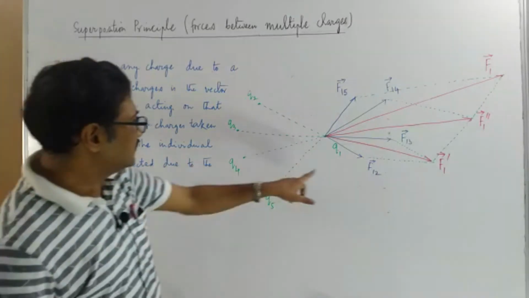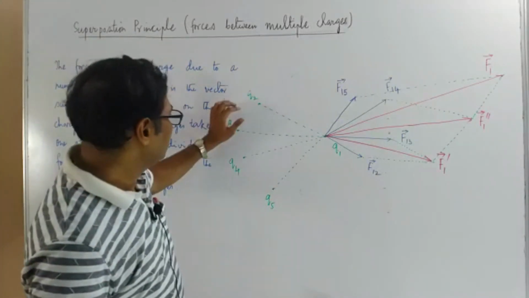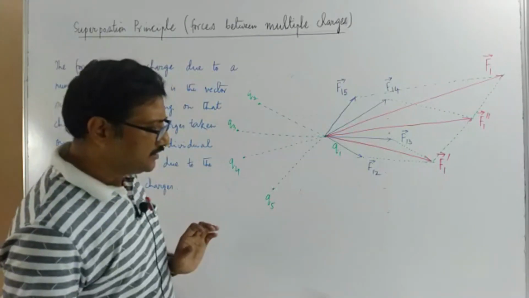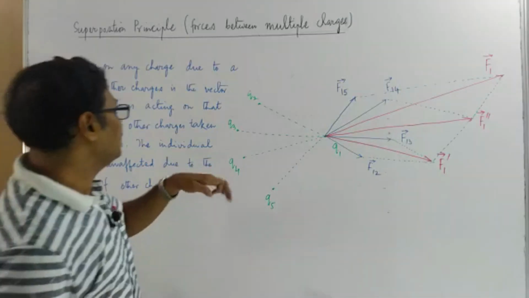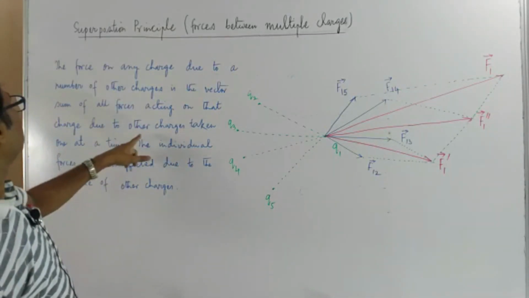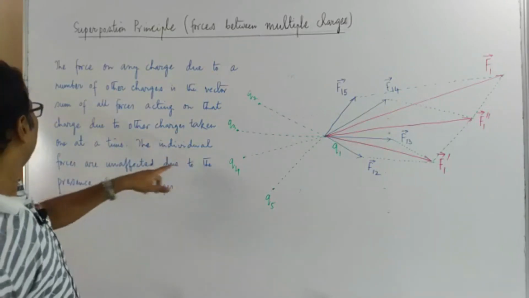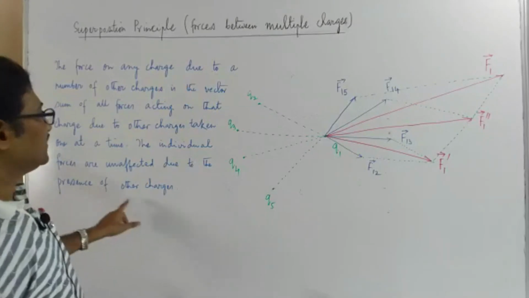So when I am considering F12, then the effect of other charges is insignificant or can be neglected. So you can see the individual forces are unaffected due to the presence of other charges.